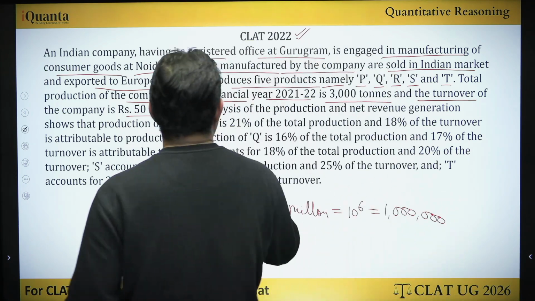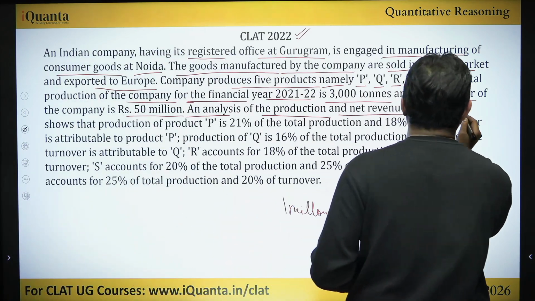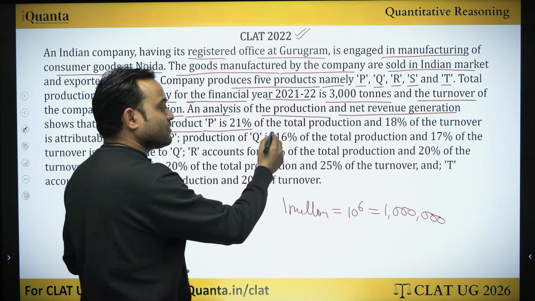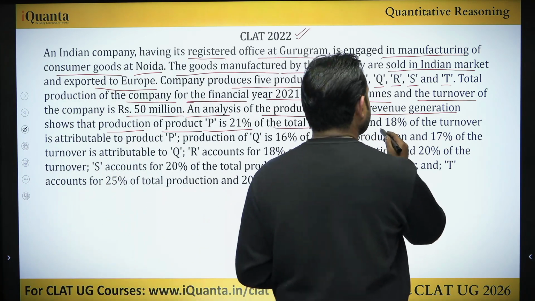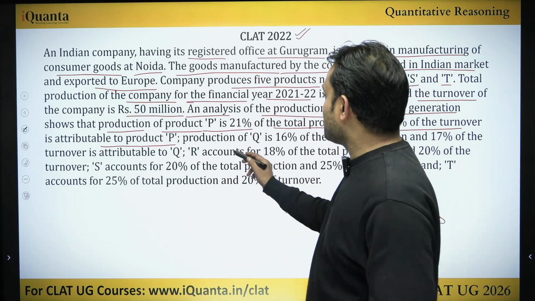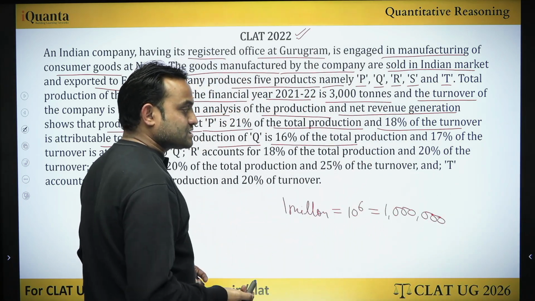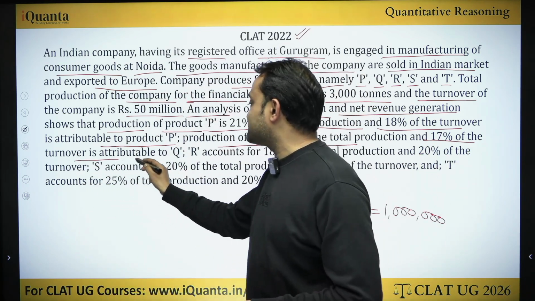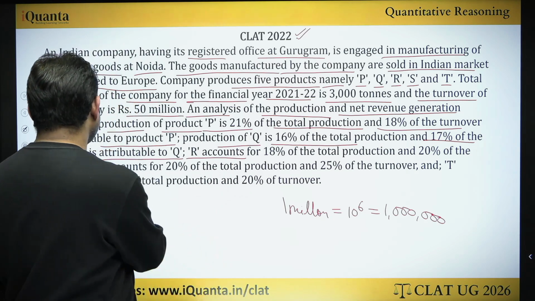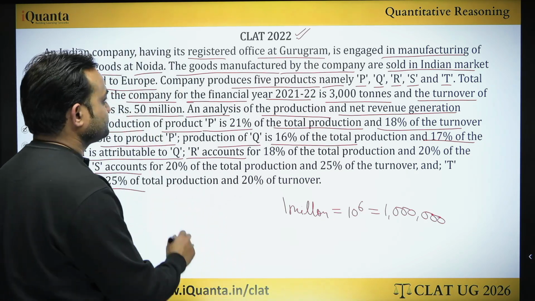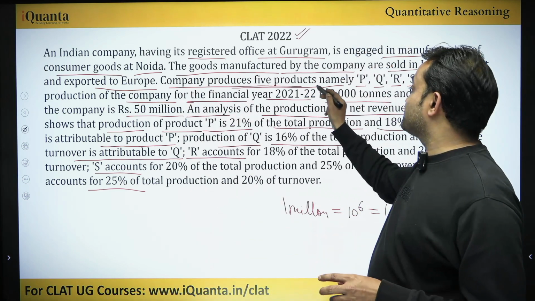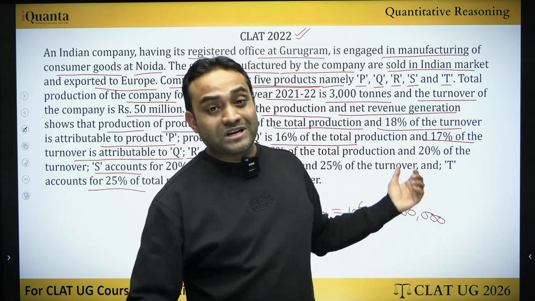An analysis of the production and net revenue generation shows that production of the product P is 21% of the total production and 18% of the turnover is attributed to product P. Then it says production of Q is 16% of the total production and 17% of the turnover is attributed to Q. Same information has been given for R, S, and T. Now, see, it's already mentioned that the company produces 5 products only, P, Q, R, S, T. The total has been given.